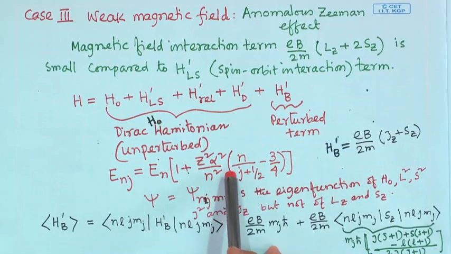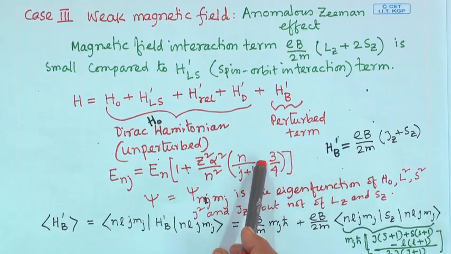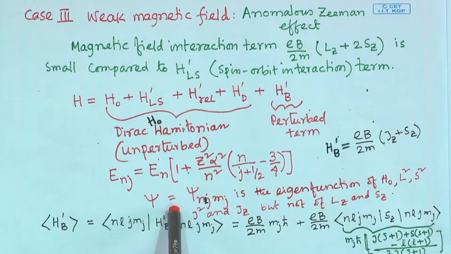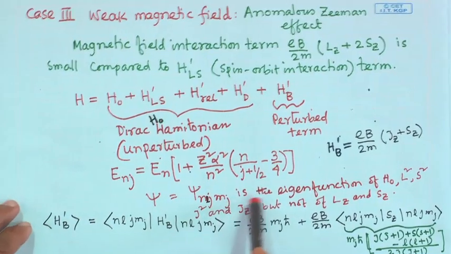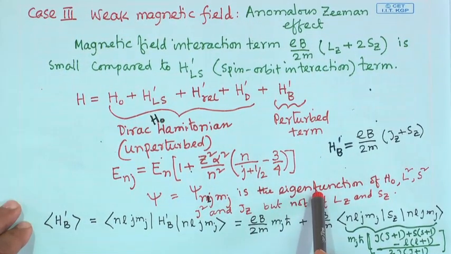So, this energy solution is known to us, and the corresponding wave function psi n l j m j was the eigenfunction.